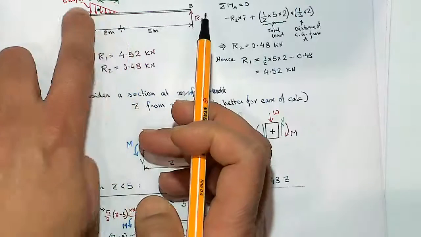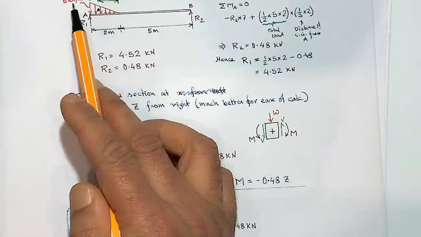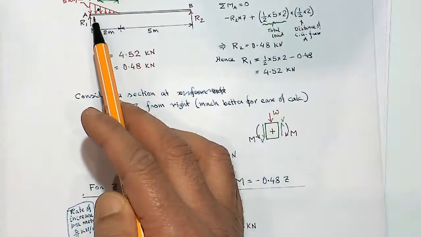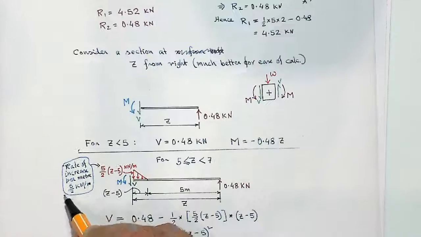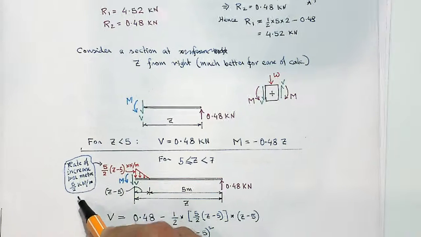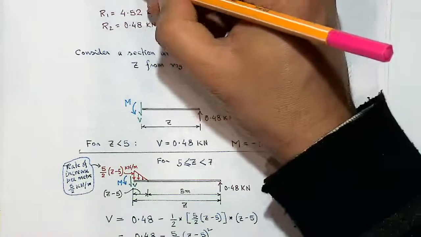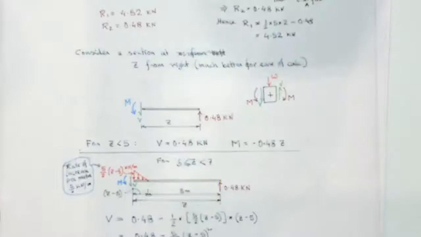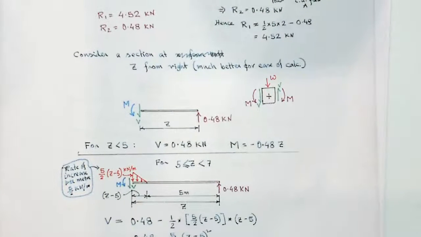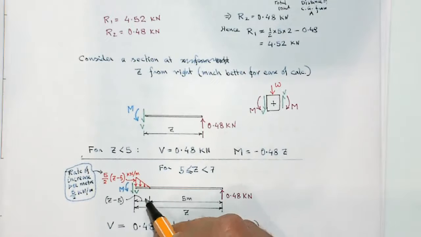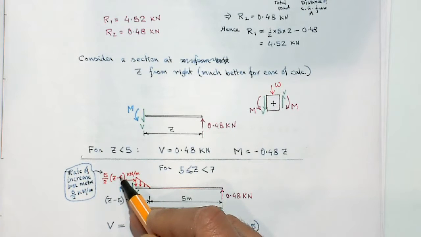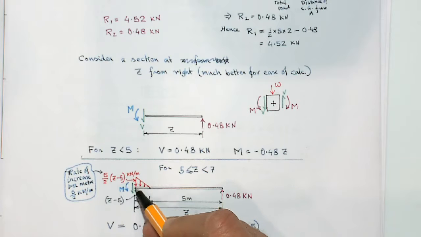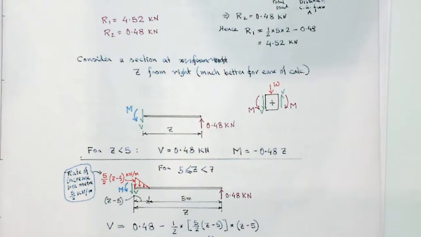The load intensity becomes 5 kilonewton per meter over a distance of 2 meter, so the slope is 5 over 2, the load intensity increases at 2.5 kilonewton per meter. So at a distance of Z minus 5, the load intensity would be the slope times Z minus 5, which is 5 over 2 times Z minus 5.